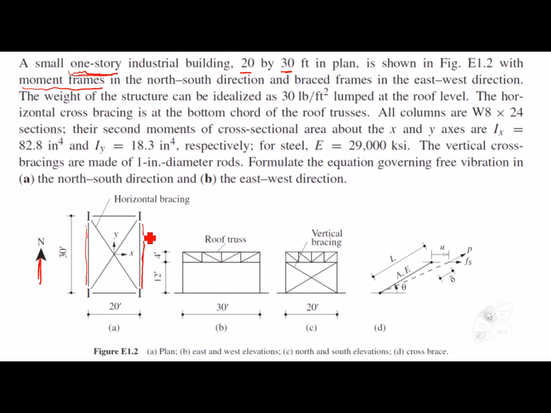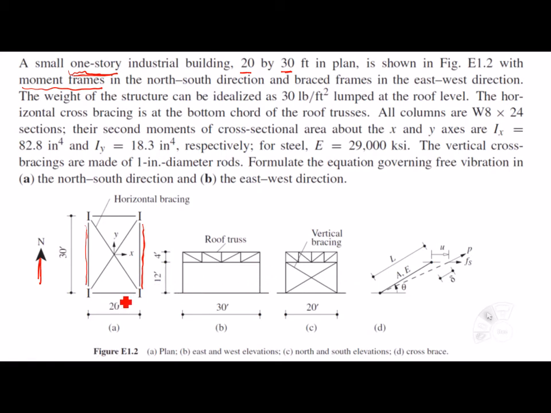These moment frames are in the long, 30 feet direction, as you can see here. And we have a moment frame here, and we have the roof truss. The height of this moment frame is 12 feet.